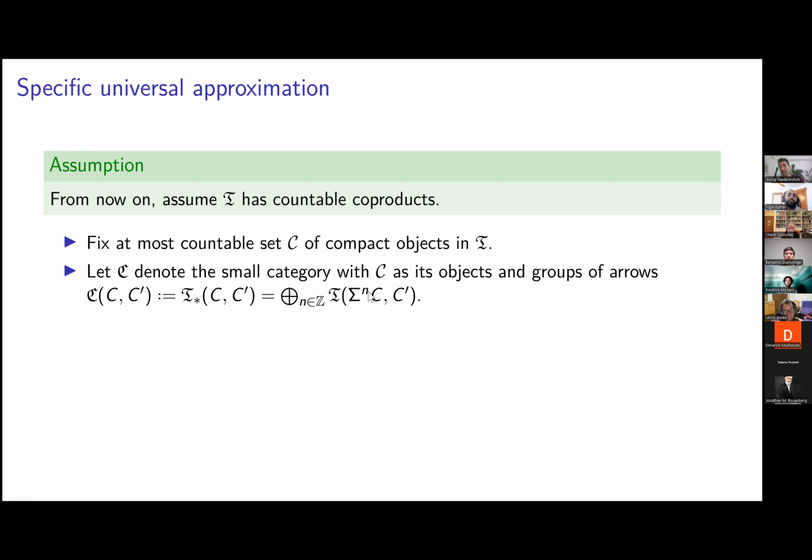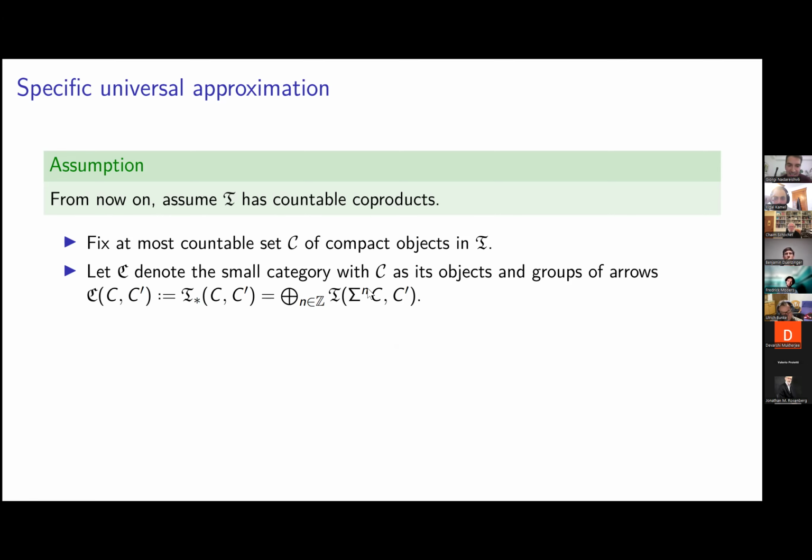For example, if my T later will be KK, this will be only 1 and 2, or 0 or 1, whatever, because of Bott periodicity. But generally, you will have a Z-graded thing here. So this C is like a small subcategory that you fixed inside T with at most countably many objects, and you considered Homs, but not only Homs, also all possible shifts of the Hom functor.